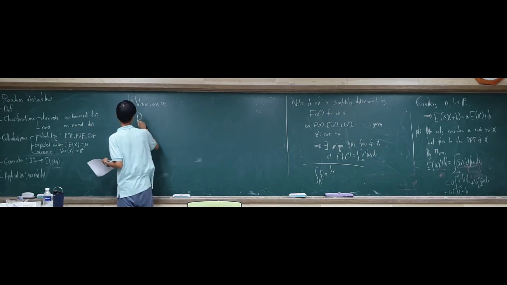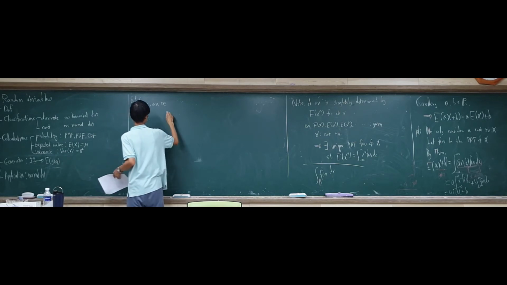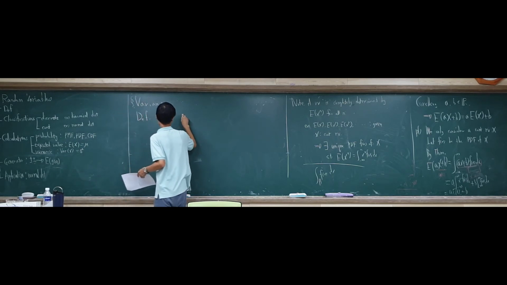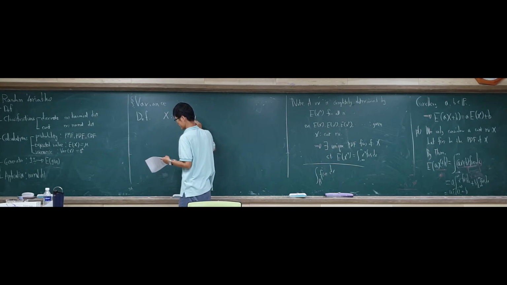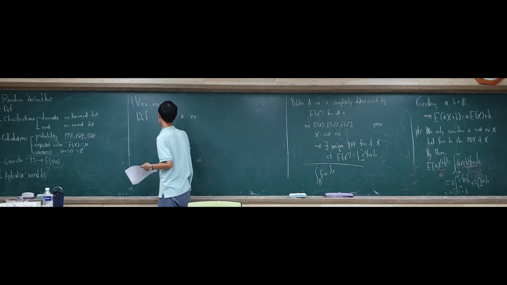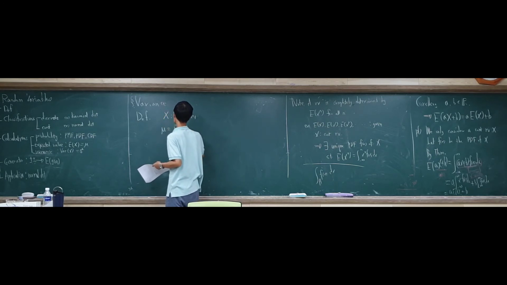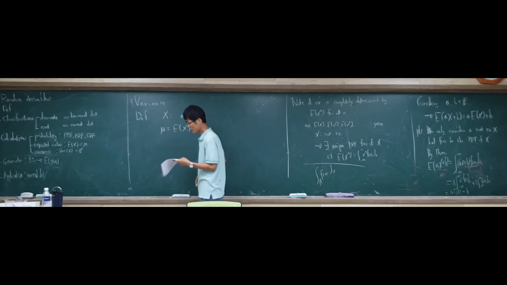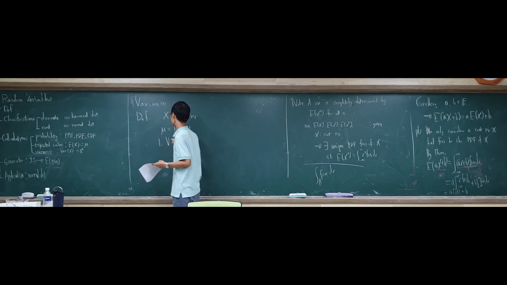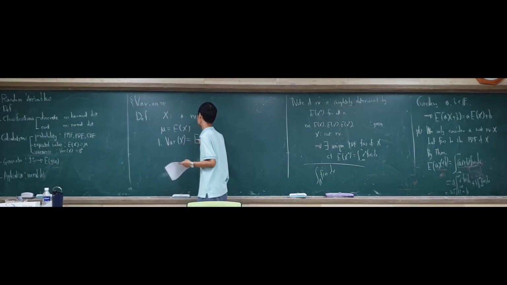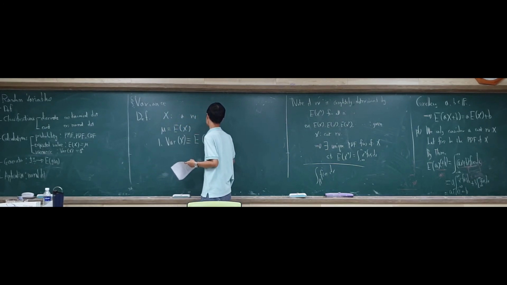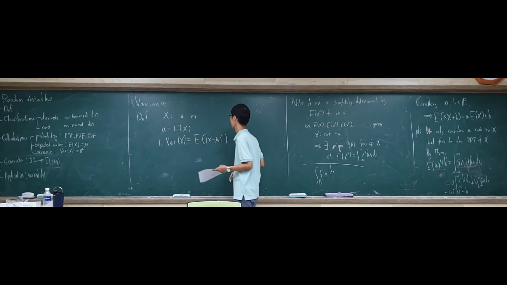We define variance like this. If X is a random variable, and we denote the expected value of X by mu usually, the variance of X is defined as the expected value of (X minus mu) squared.